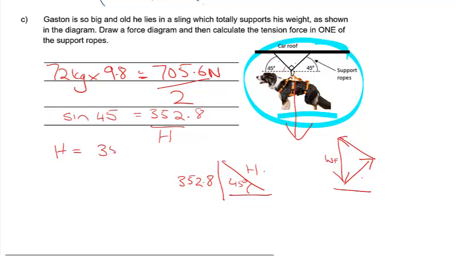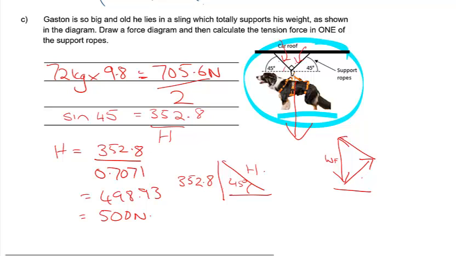So hypotenuse is going to equal 352.8 divided by 0.7071, which equals 498.93. And if we round that, it's going to be 500 newtons in each rope. Okay, and that's in each of these support ropes. Okay, and that's that.